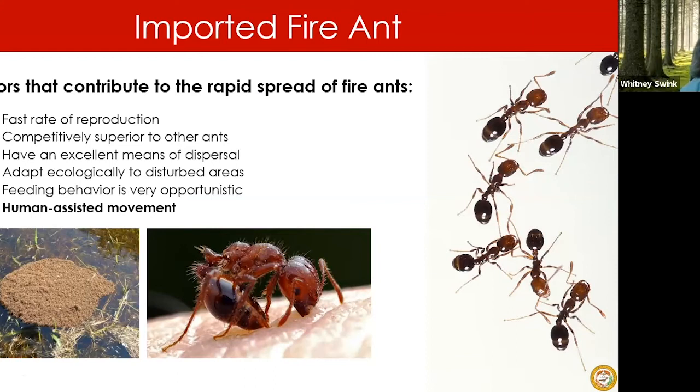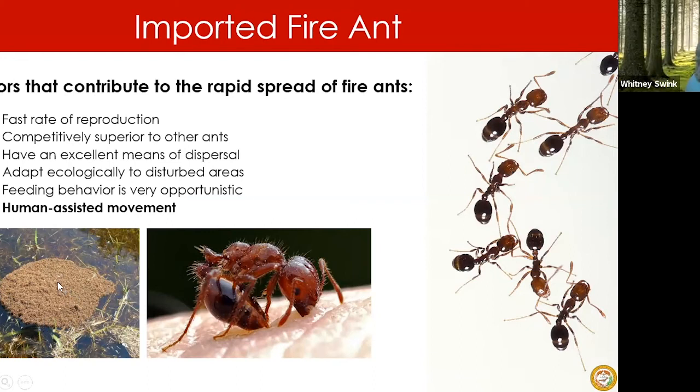And they spread so easily for so many reasons. They have a high rate of reproduction. They are competitively superior to other ant species. They're really good at dispersing. I always love to show this image because it's just alarming. This is after a flood. And this entire mat here are thousands upon thousands of workers that have basically formed a floating mat to save or sacrifice themselves to save the queen.